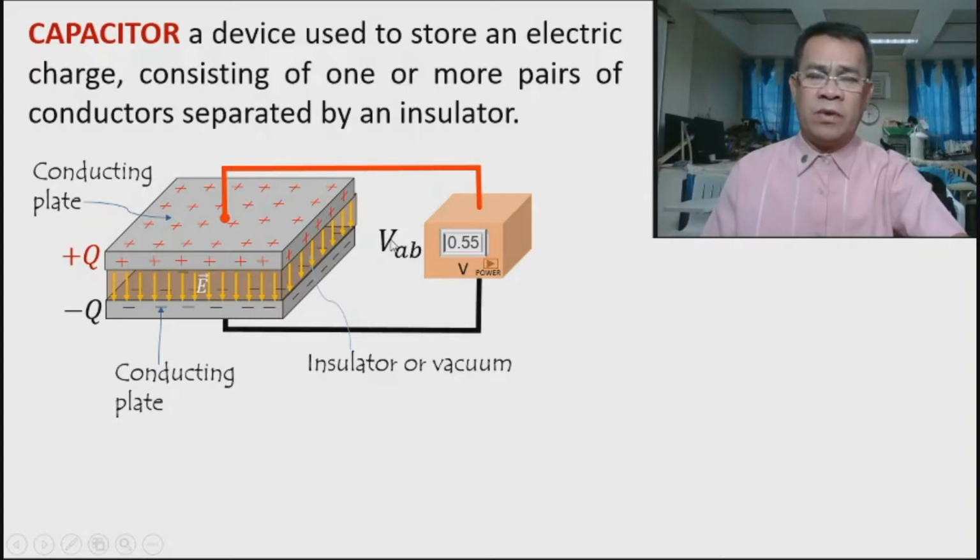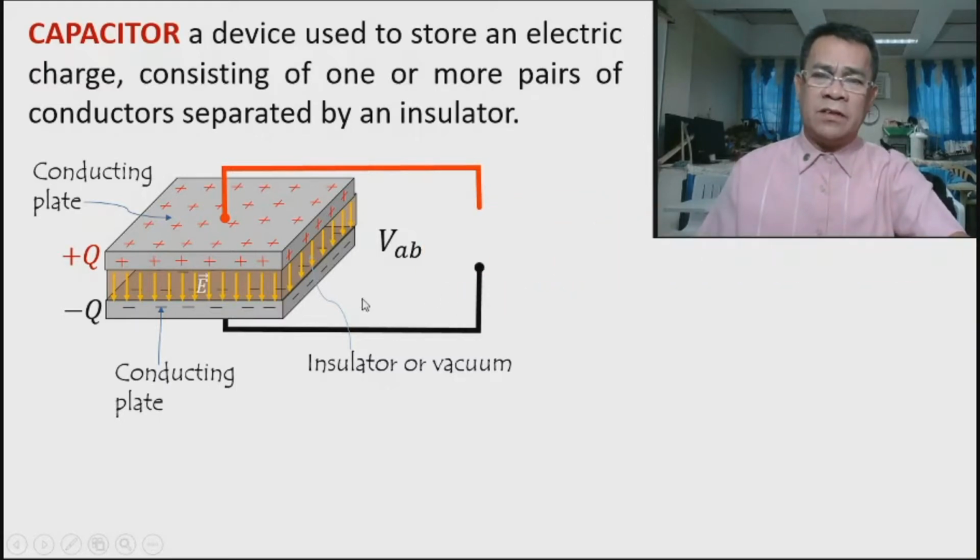The potential difference is the potential between the two plates. The higher potential is at the positive, so the upper plate is the potential at A, and the lower plate is the potential at B. So the potential difference in this example reads 0.55 volts.